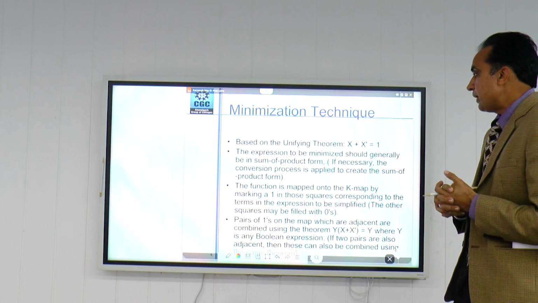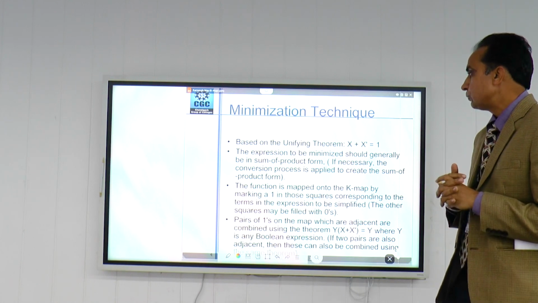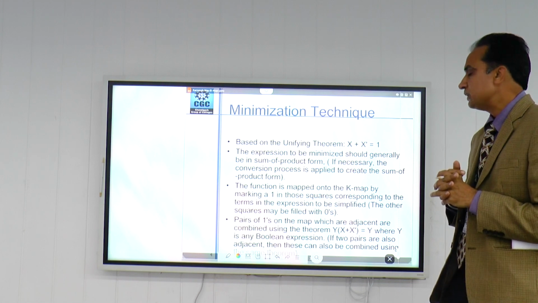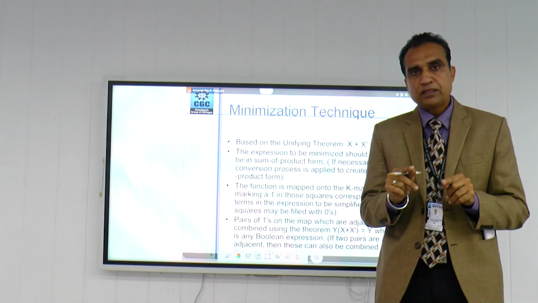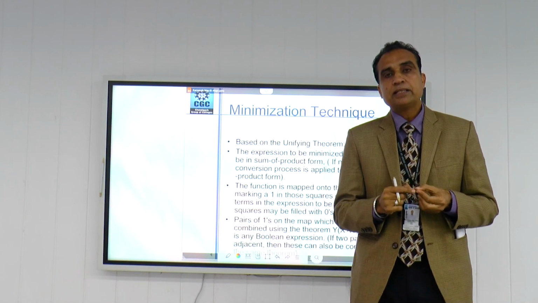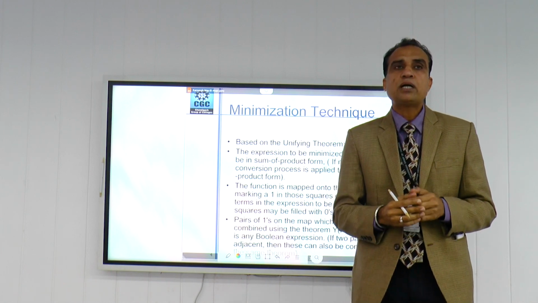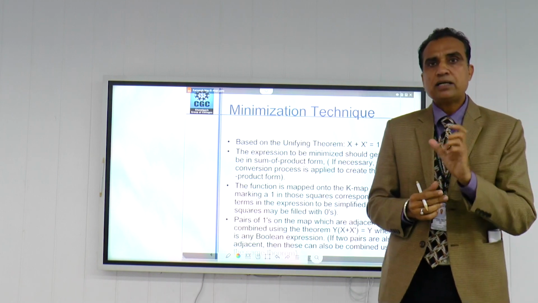The function is mapped onto the K map by marking 1 in those squares corresponding to the terms in the expression to be simplified. Now, first of all, we draw a K map, then we have to fill that K map. How do we fill that K map? The K map is filled according to the values or the elements that are given in the expression.